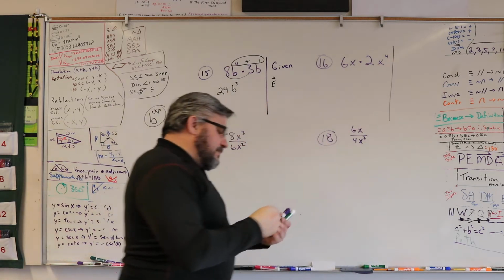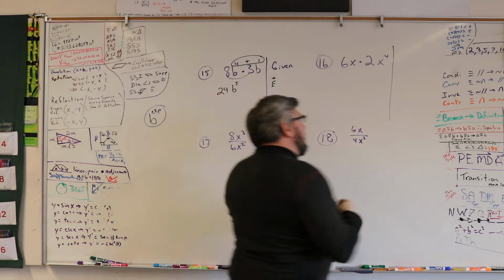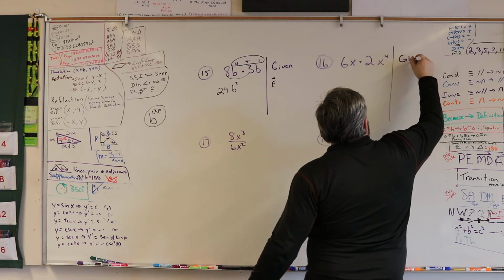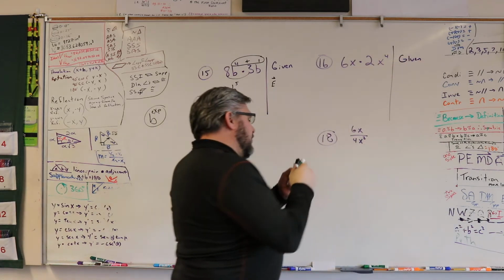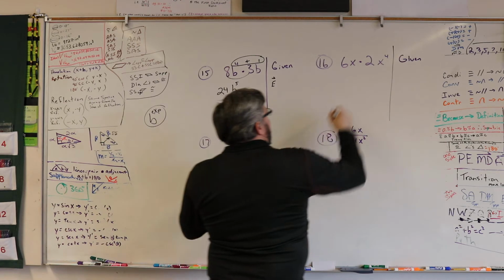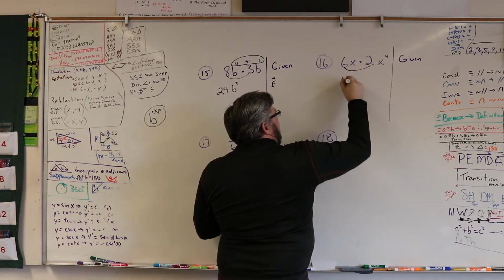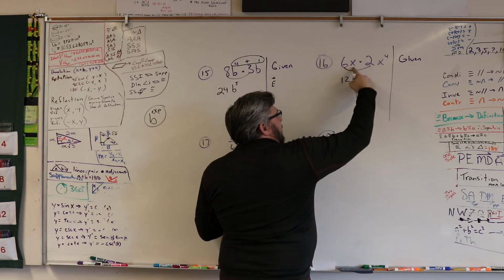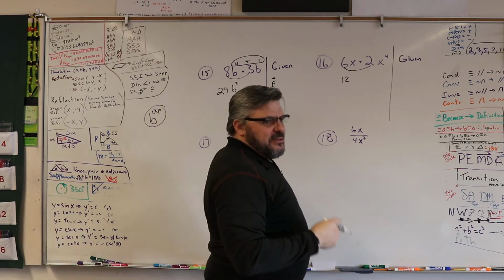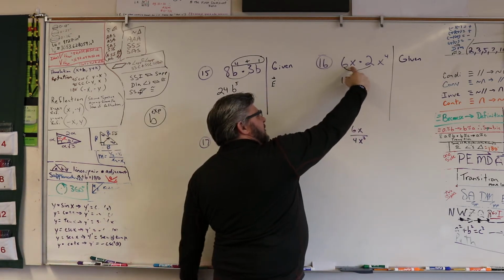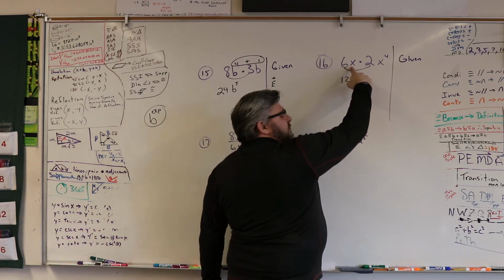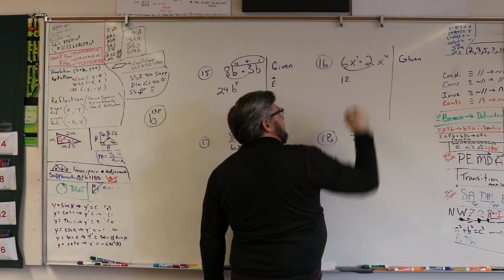What's the first step? Given. What's 2 times 6? 12. Okay? And is this no x or does this have a 1 up there? What's it got? A 0 or 1? 0. I said 1. Yeah.